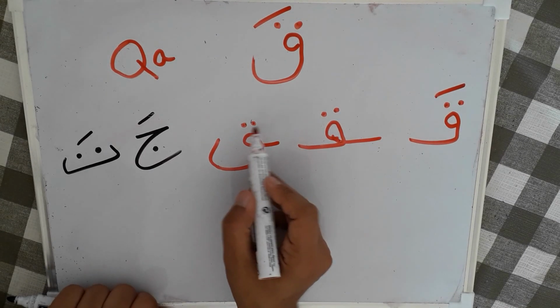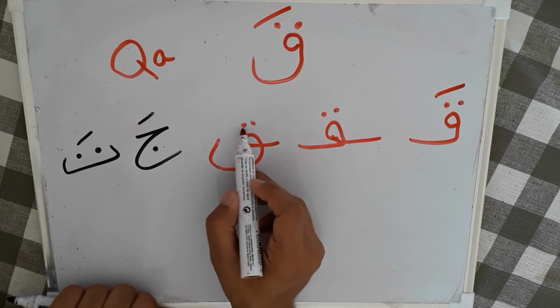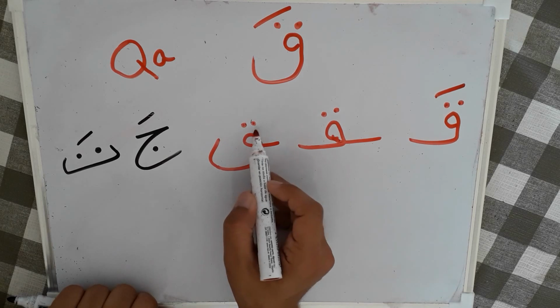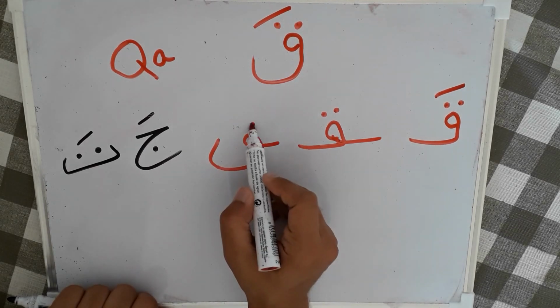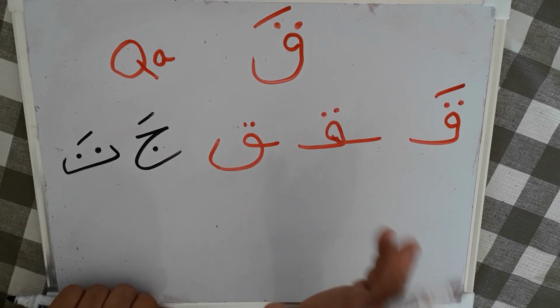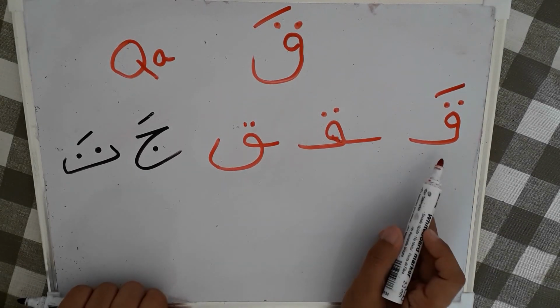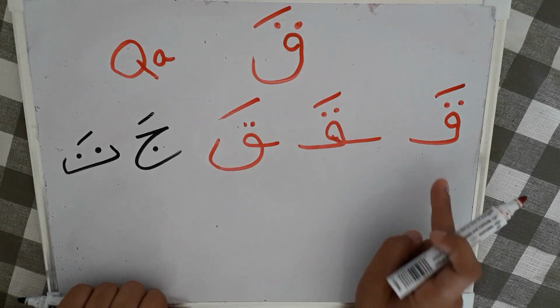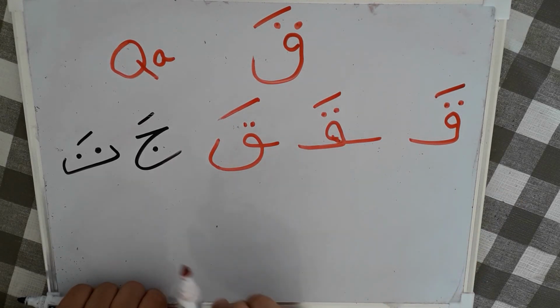I should start with the right side, okay? I added this point. I started with the left, but the correct way is like this. But whatever, write it the way that you prefer. So qa in the beginning, in the middle, in the end.